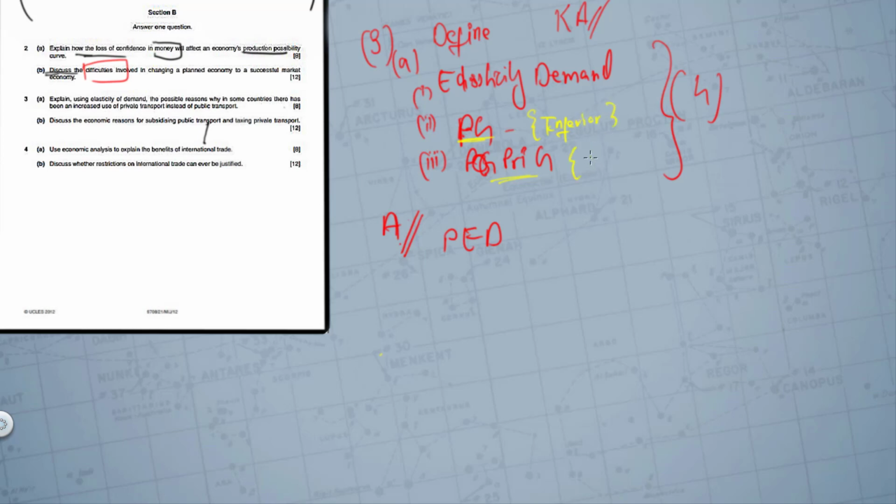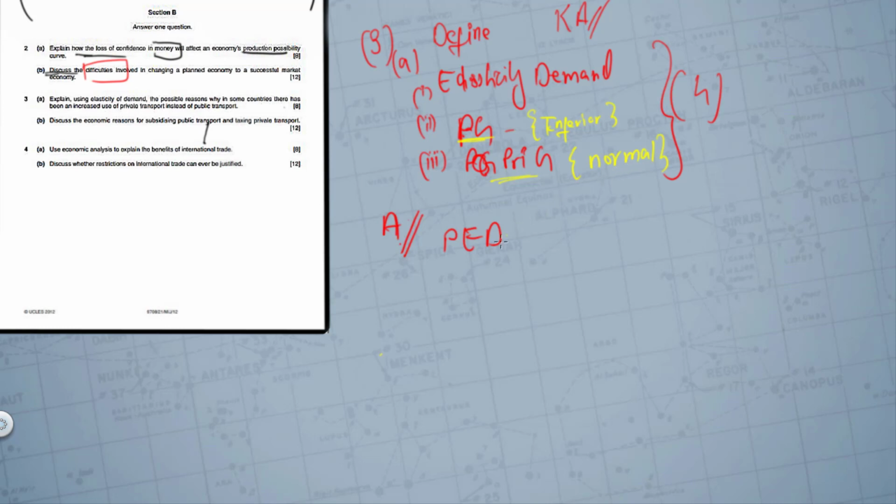And our private transport is a normal good. What that means is that as your income increases, people tend to move from public transportation to private transportation. As a human being, you want a more luxurious lifestyle as your income increases. The same thing goes for private transport. As your income increases, you want to move towards more luxurious, more convenient ways of private transportation.